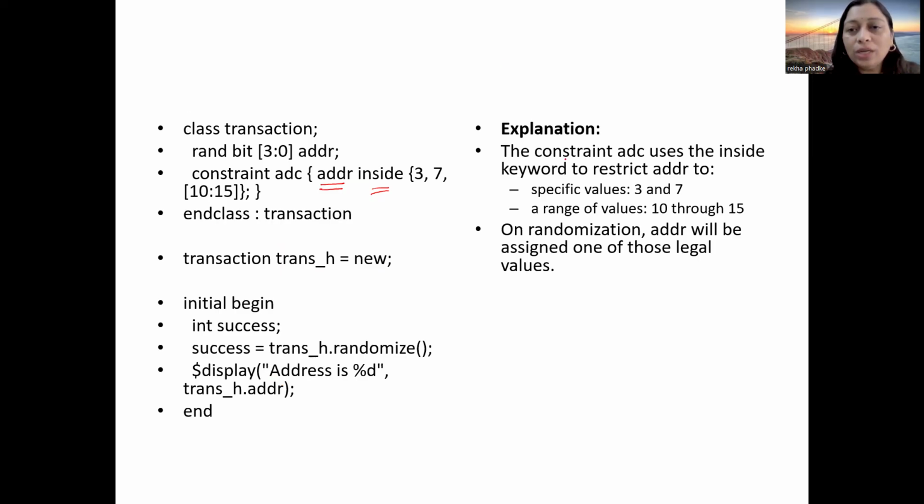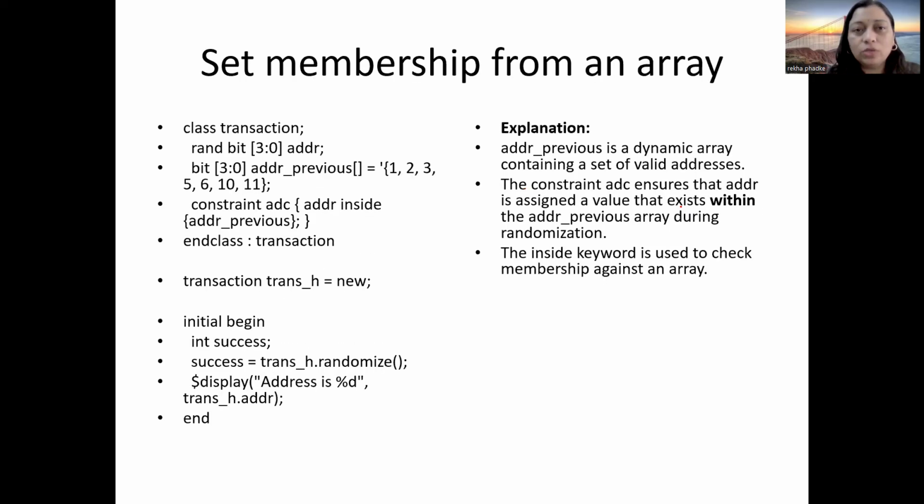So how does it work? The constraint ADC uses the inside keyword to restrict ADDR to specific values 3 and 7 or a range of values 10 through 15. So on randomization, ADDR will be assigned one of those legal values. Anything between these will be assigned to ADDR. Okay, so this is how it works.